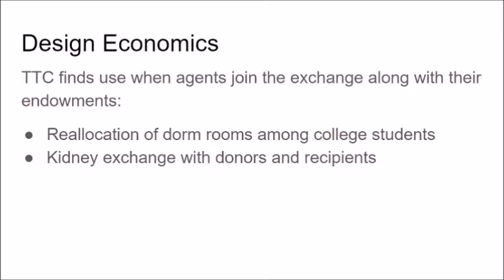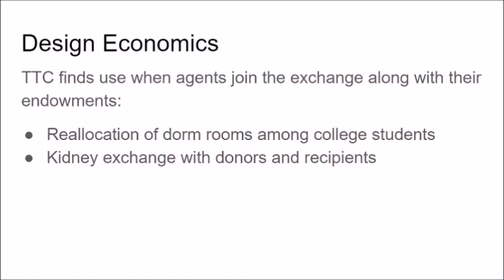Top trading cycles finds use when agents join the exchange along with their endowments. A simple example of this is the reallocation of dorm rooms among college students. If a student wishes to switch dorms, they are not only joining the market for dorms, but they are leaving an empty space. They are simultaneously bringing a new dorm room to the market and joining the exchange themselves. An interesting example, and one that we'll talk about a little more, is the kidney exchange with donors and recipients.